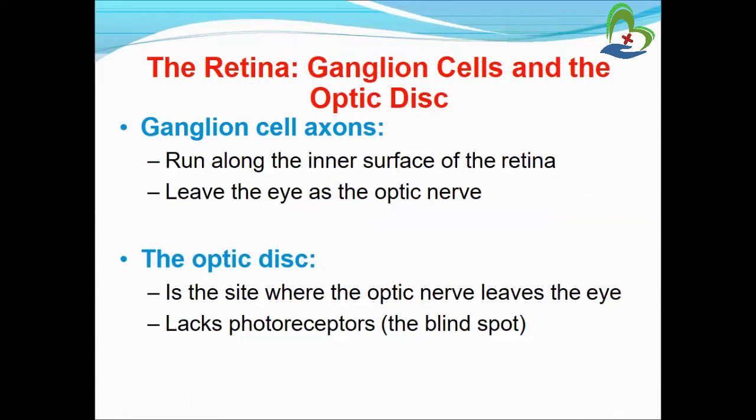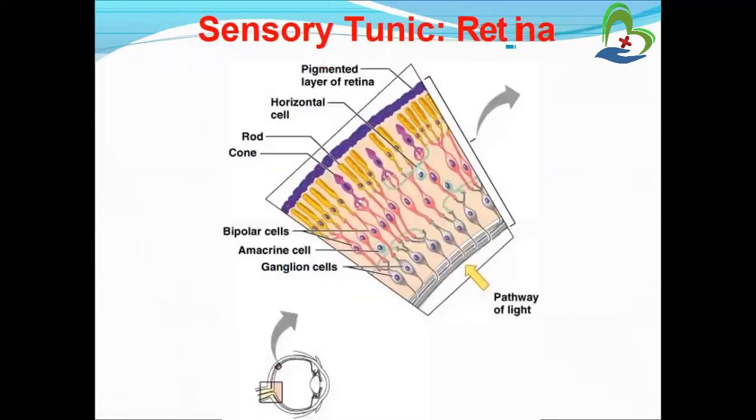First we will learn about the ganglion cell and the optic disc. What is the ganglion cell? Its axons run along the inner surface of the retina and leave the eye as the optic nerve. As we discussed in the previous slide, the retina consists of two layers, the neural layer and the pigmented layer.